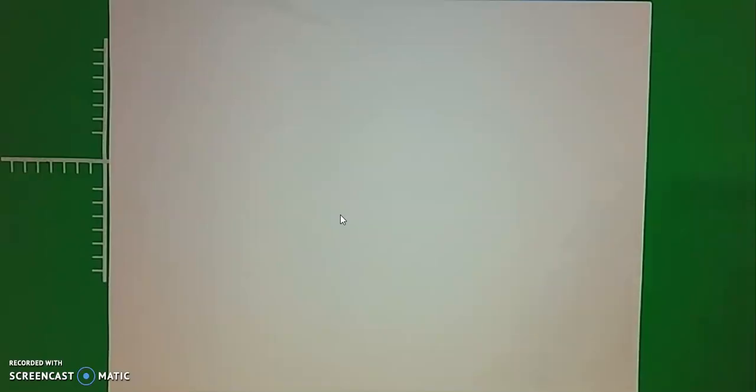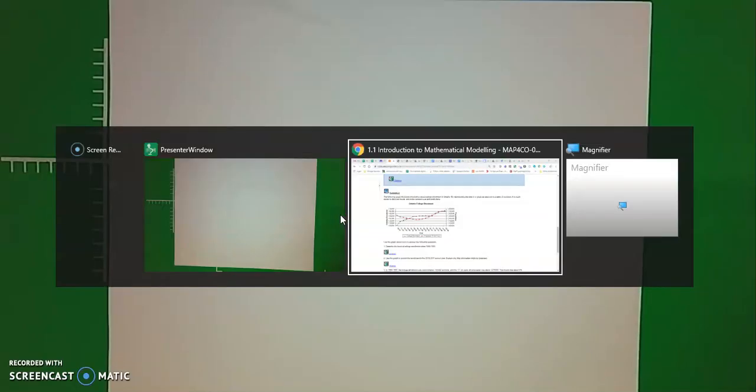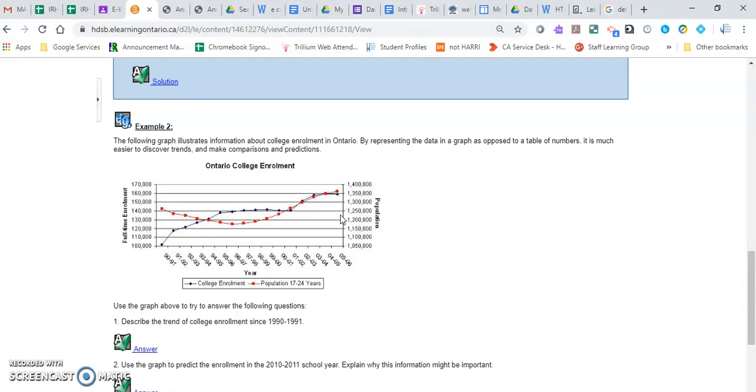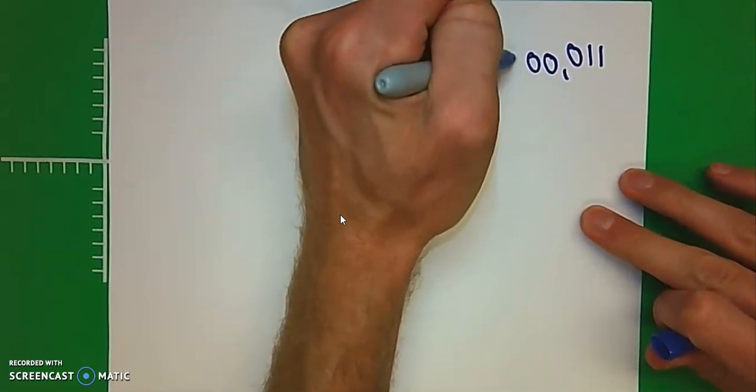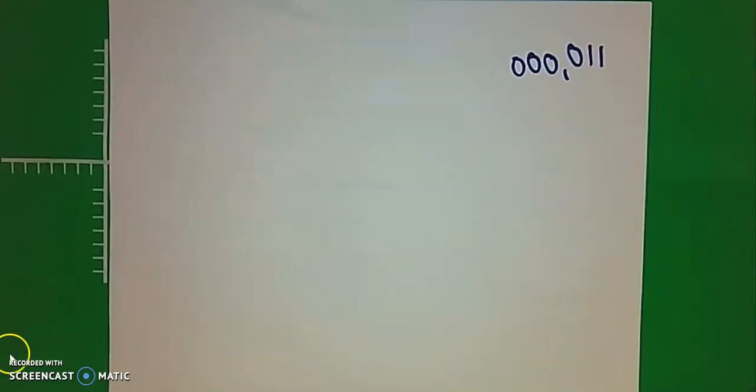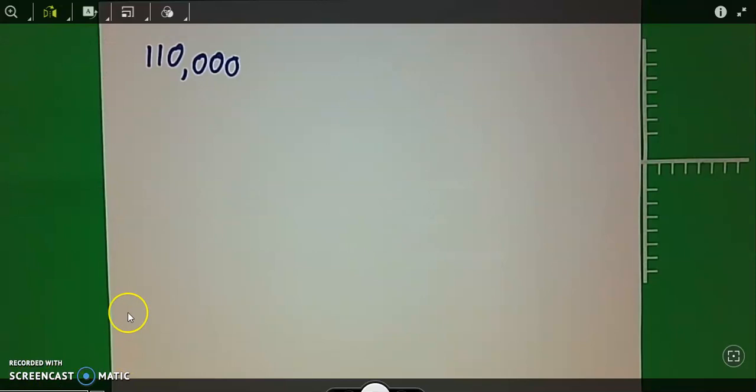So let's write that information down. We'll switch over to here, and you'll notice that the blue information from 1991 is 110,000. So let's write that down: 110,000 students enrolled in college.